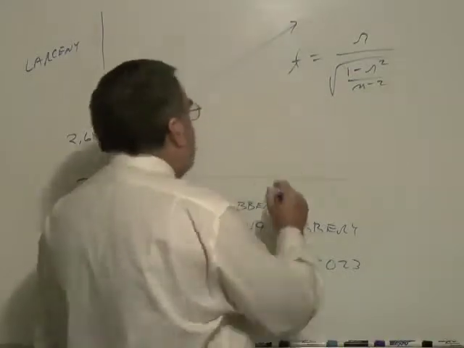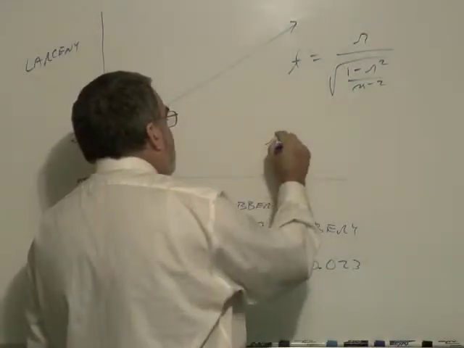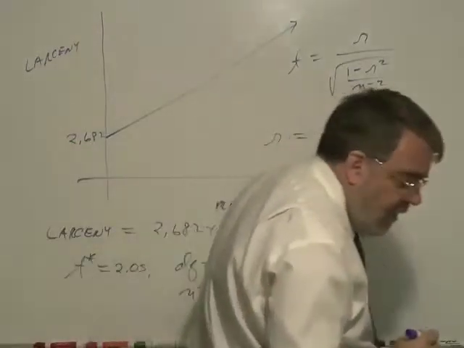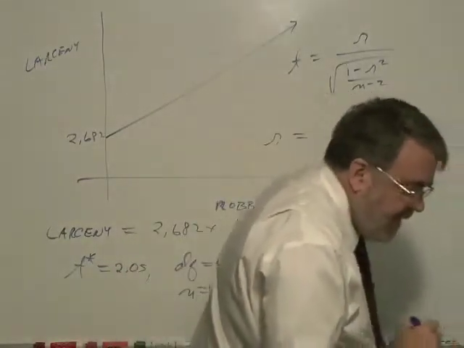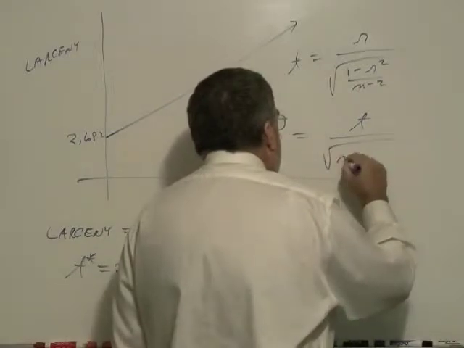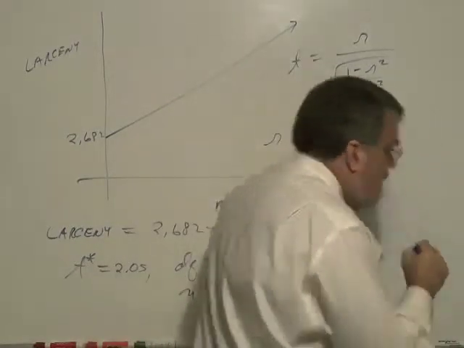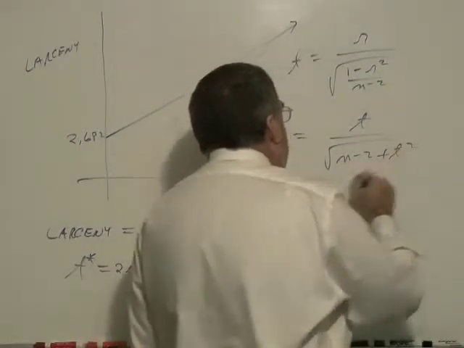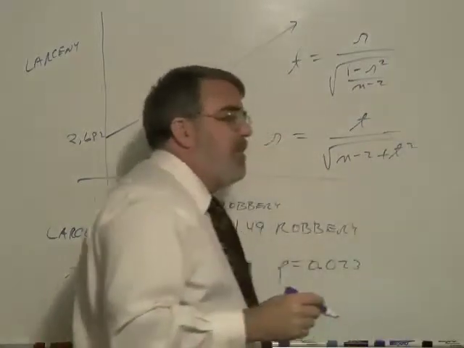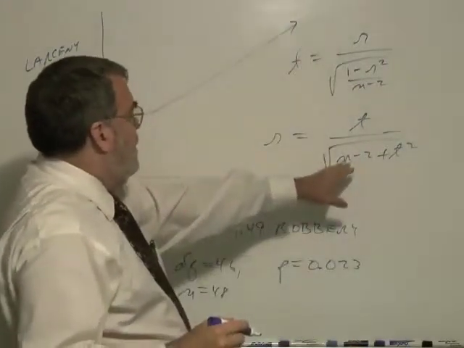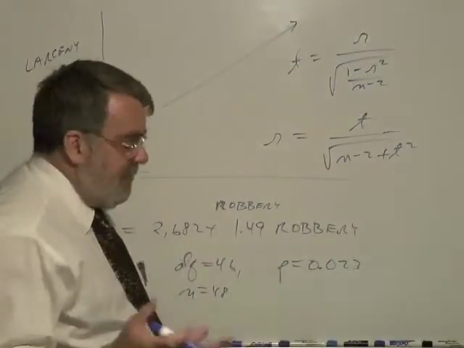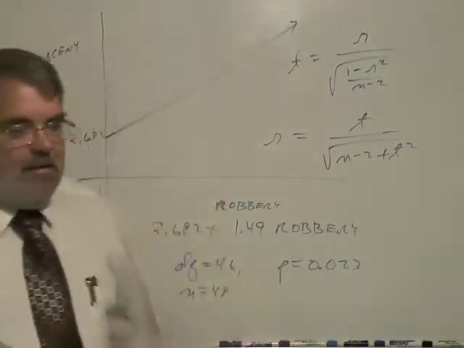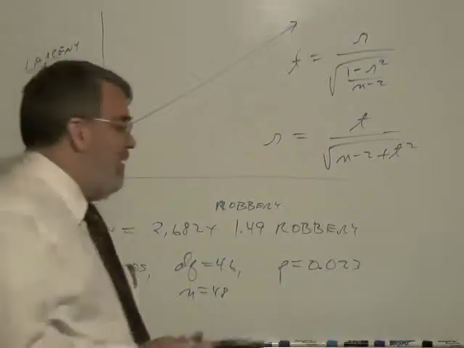I'll spare you all the algebra, but r happens to be equal to t divided by the square root of (n minus 2 plus t squared). So here's a formula not in your book, but if you solve for r, you'll get r equals t divided by the square root of n minus 2 plus t squared. So with that, we can actually calculate the r.